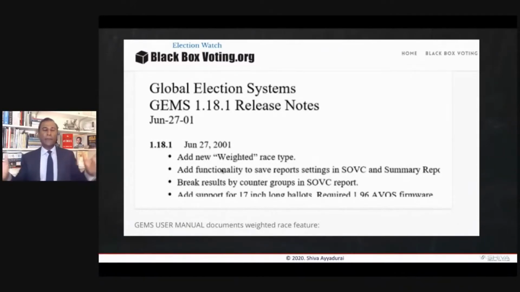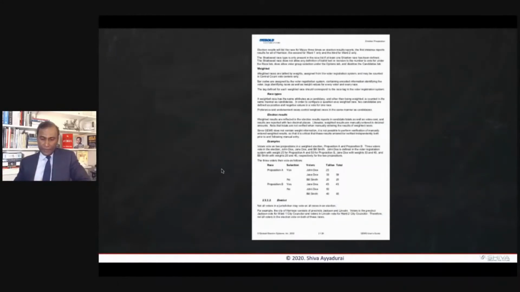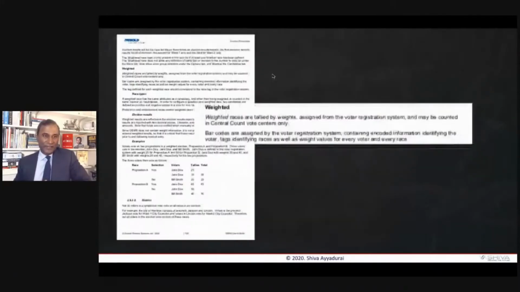This was done under certain logic that when people own portions of things, you want to do that. It was called a weighted race. Well, that feature was put in on June 27, 2001 into the Diebold systems. By the way, Diebold got bought by other companies, and that feature is now in every election system, okay? And if you go read the actual manual, they call it a weighted race. Very interesting, weighted race, okay?